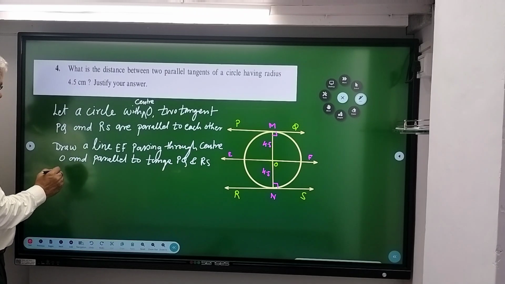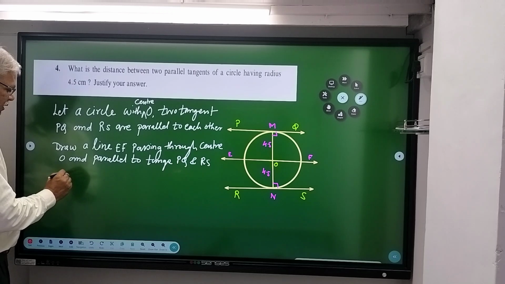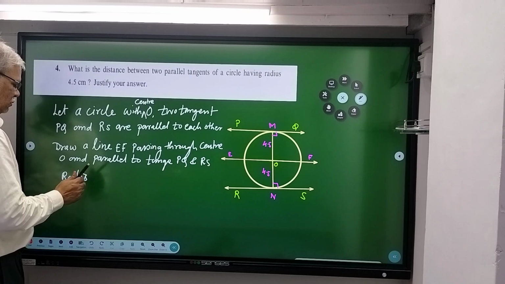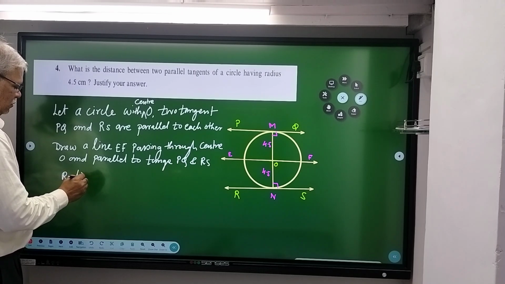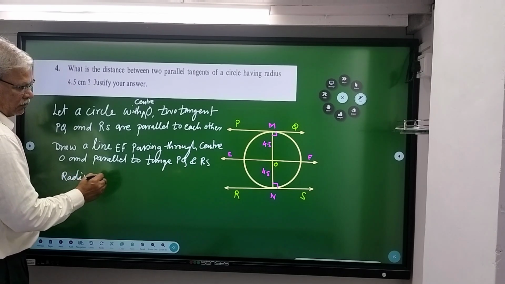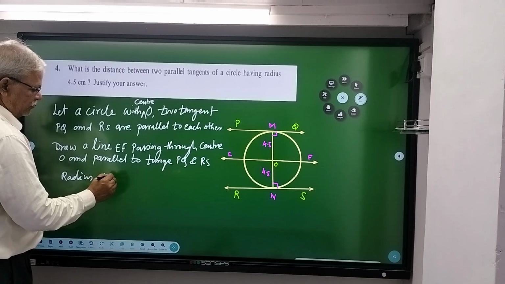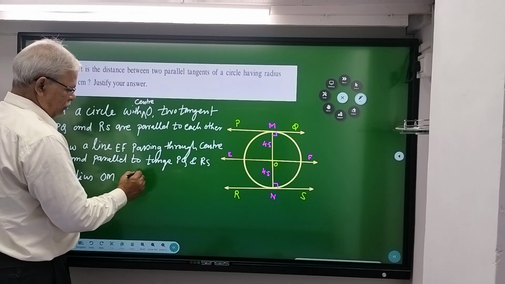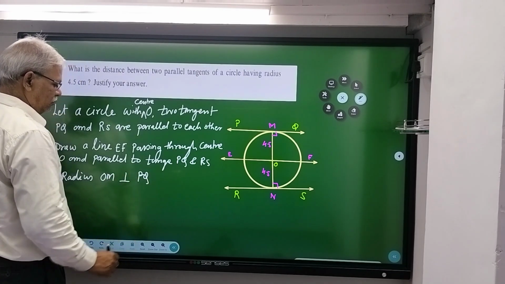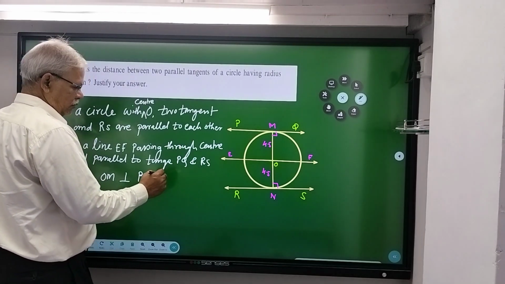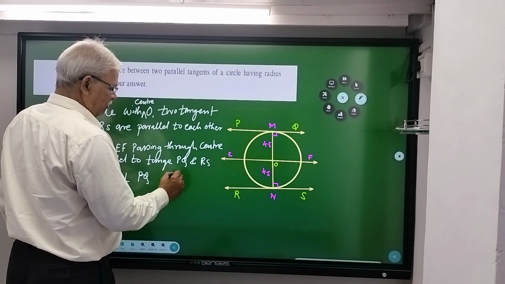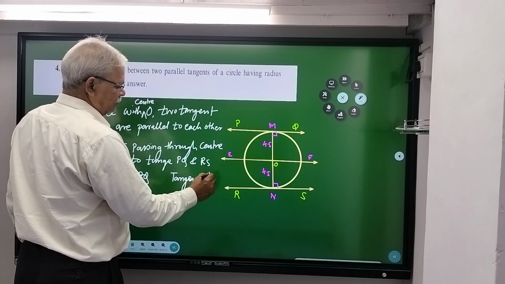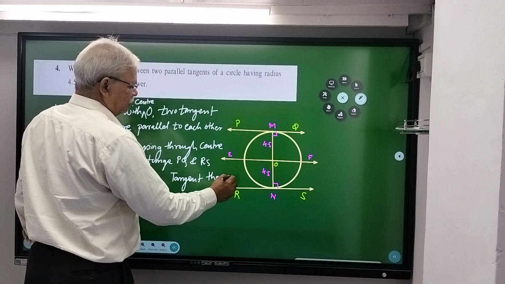Now see here, radius OM is perpendicular to PQ from the tangent theorem. Okay.